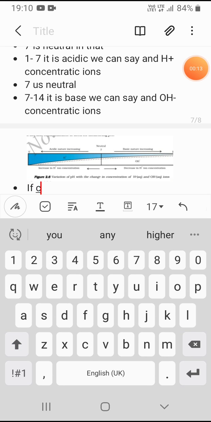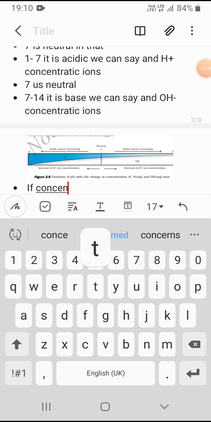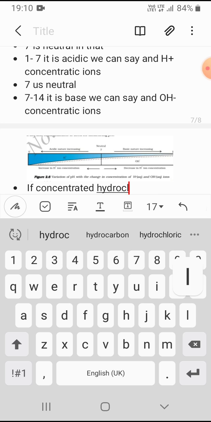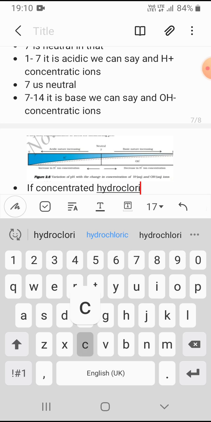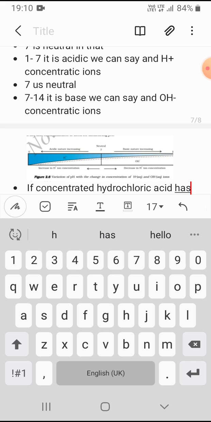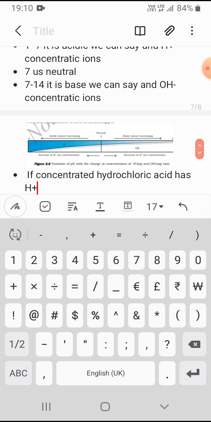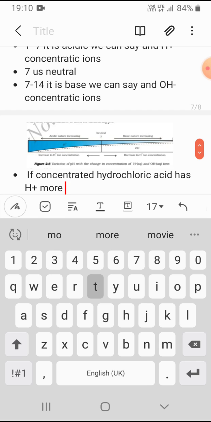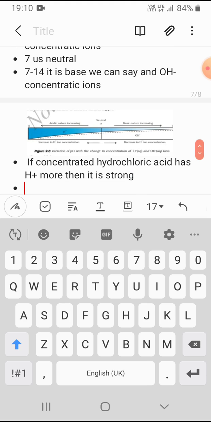Last video I explained the left topic. If concentrated hydrochloric acid has more H plus hydrogen ions, then it is a strong acid.